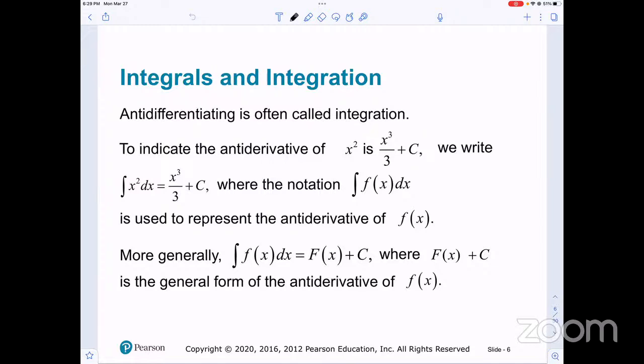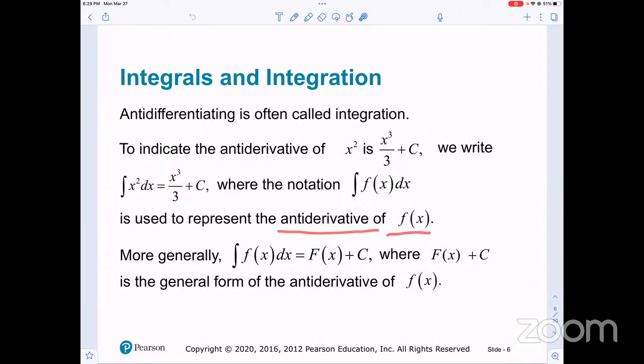Okay. We have integrals and integration. Antidifferentiating is often called integration. To indicate the antiderivative of x squared is x cubed over 3 plus c, we write the integral of x squared dx is x cubed over 3 plus c, where the notation integral of f of x dx is used to represent the antiderivative of f of x.